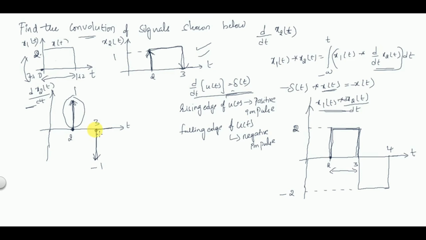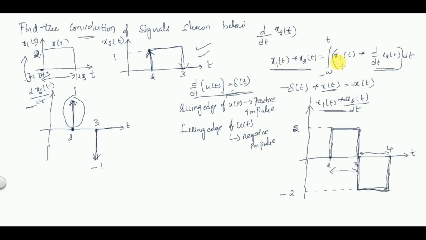And at 3 there is a negative impulse, so this also will be shifted to the negative side, with the same time period of 1. But now it starts from 3, so it extends from 3 to 1 plus 3, which is 4. So we'll get a negative step. Understood? So this is this.